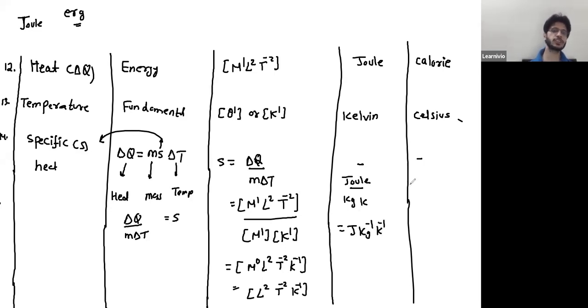If we write the CGS unit, then instead of joule you can use erg, instead of kg we write gram, instead of Kelvin we write Celsius. Oh, sorry, not erg. It will be calorie. It's heat now. CGS is calorie per gram per degree Celsius.